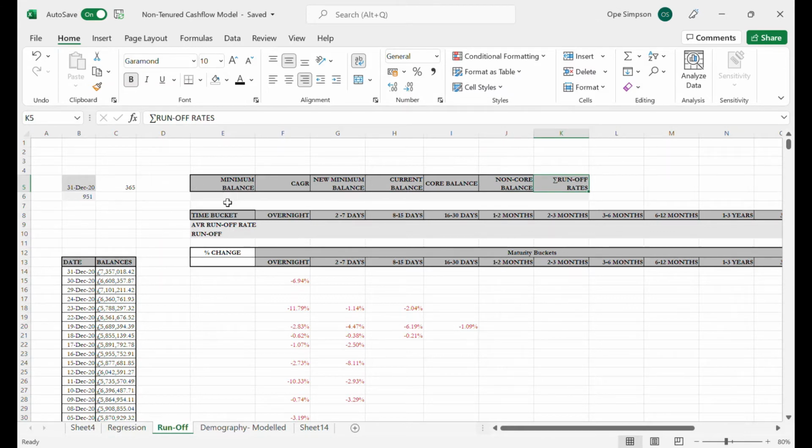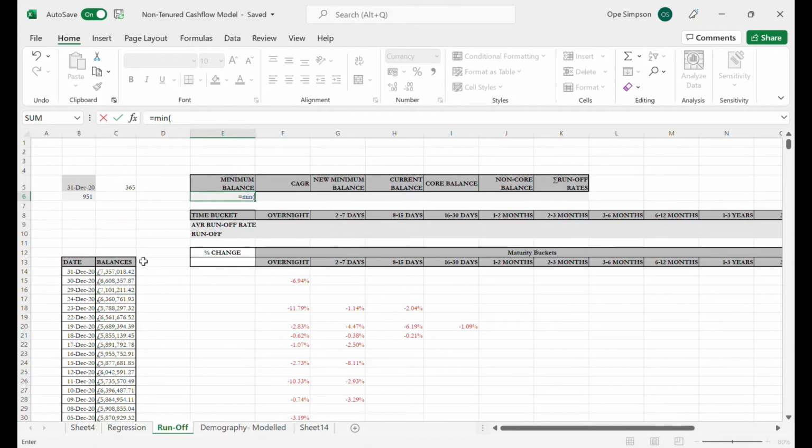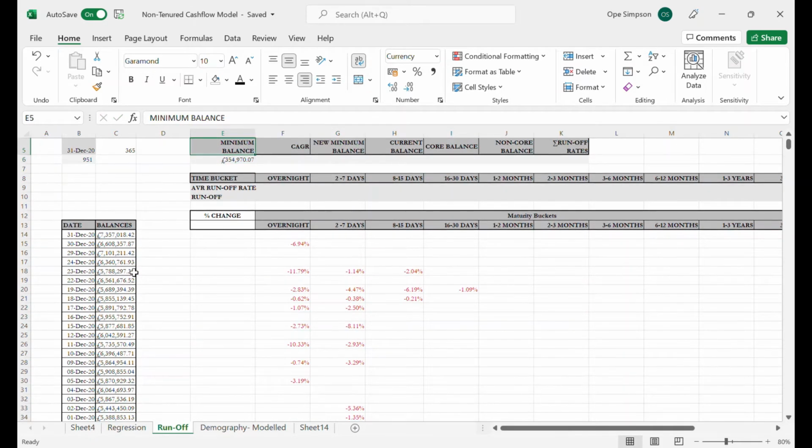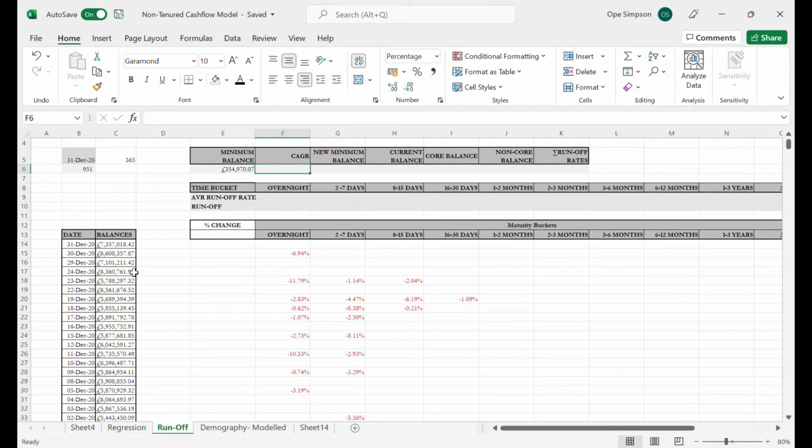Starting with the minimum balance, we get that by simply looking for the minimum balance that our data set has had over the time period, and we use the minimum value function to highlight our array, and we get that figure. Then to compute our CAGR, we also need our current balance, which is basically this.